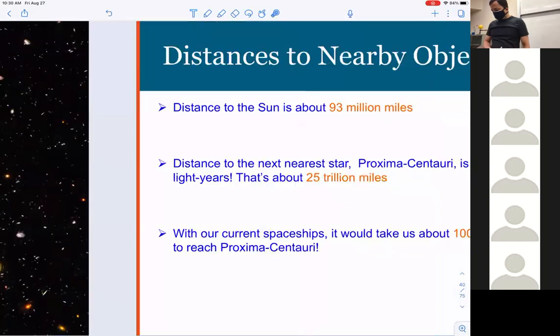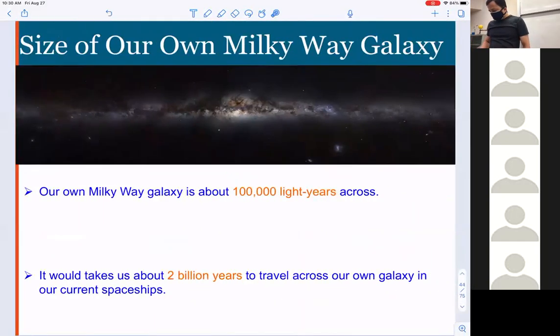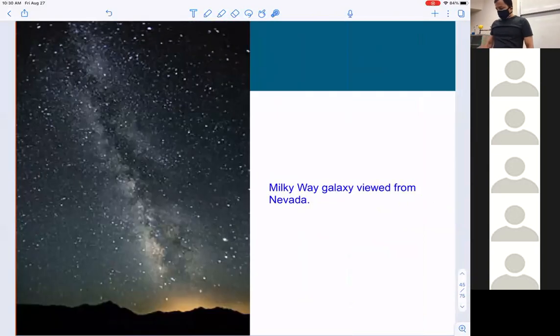All right. This right here is an image of the Milky Way galaxy from somewhere on Earth. I think it's in Nevada somewhere. And has everyone seen the galaxy in the sky?